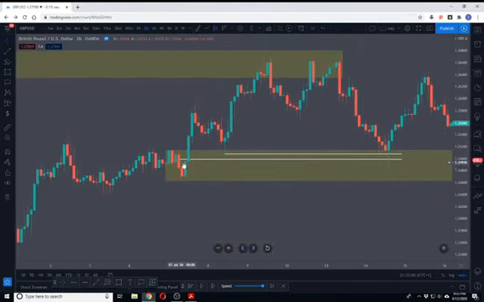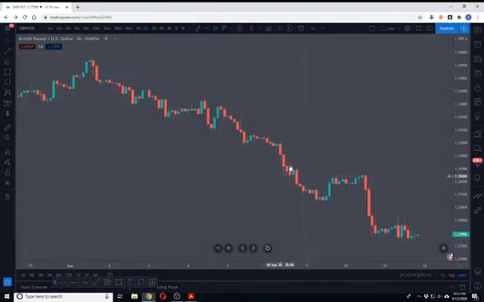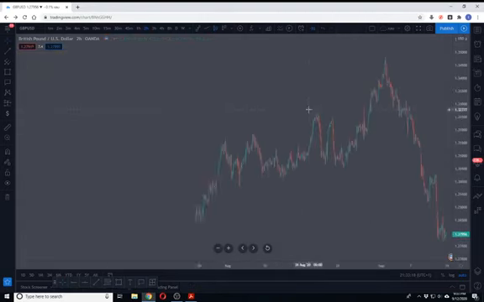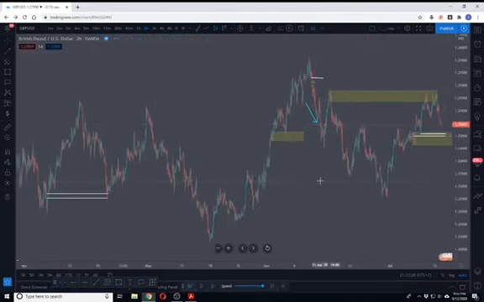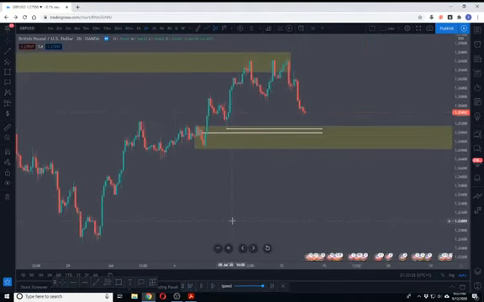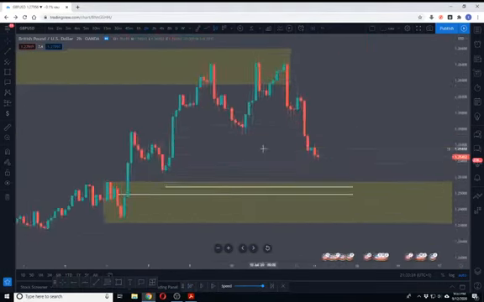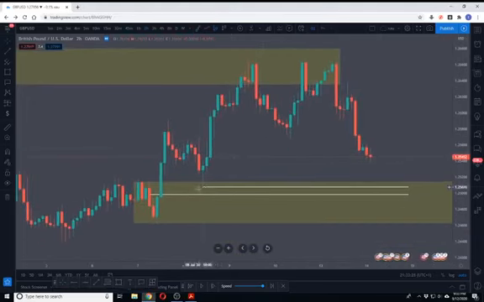The lower we keep going on the time frames, assuming price is over here somewhere and making its way down, we can see that there's nice imbalance here, and we can normally refine it further.